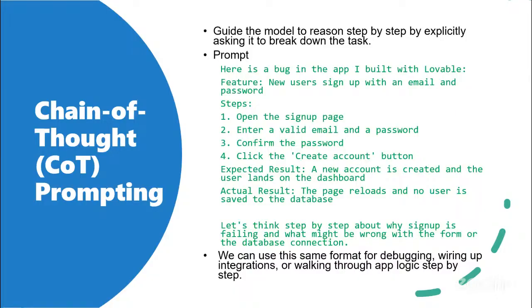So if we just, rather than walking through this step, just say the login is not working, fix it, it might not know what you mean by the login is not working. All right, so this is chain of thought prompting, where you basically walk it through what happened and then ask it to fix it.